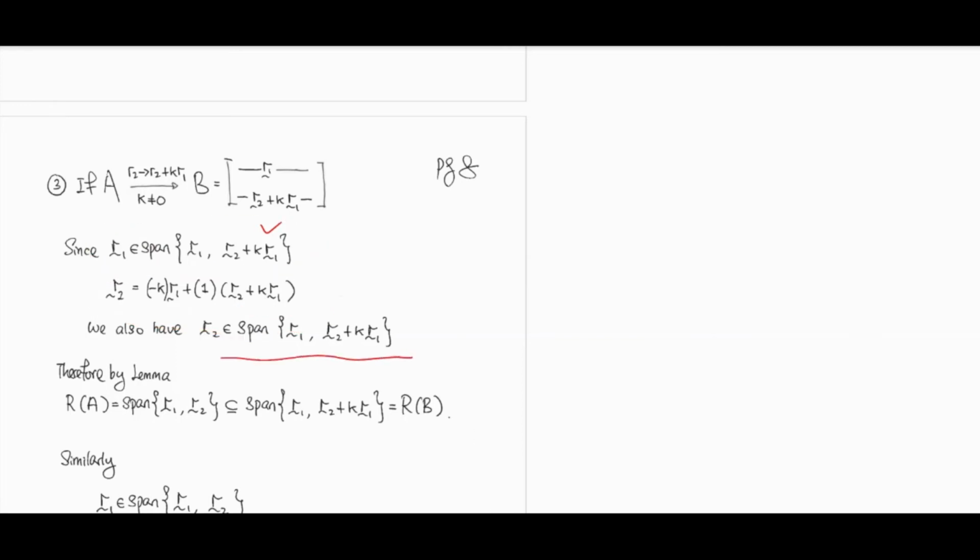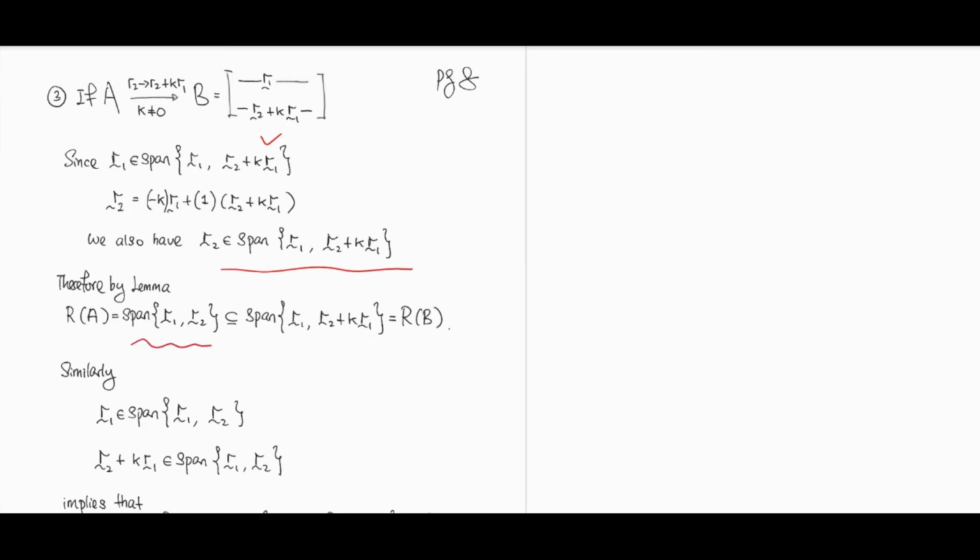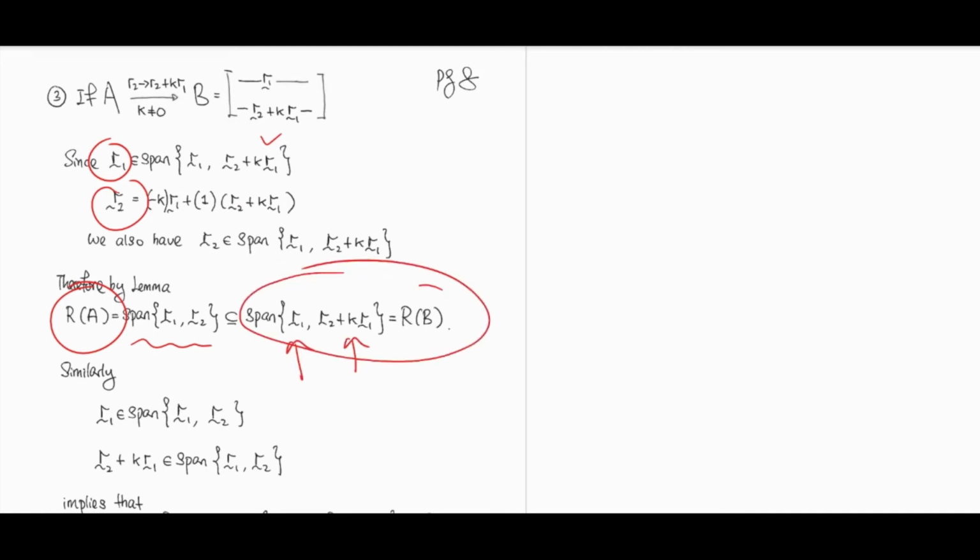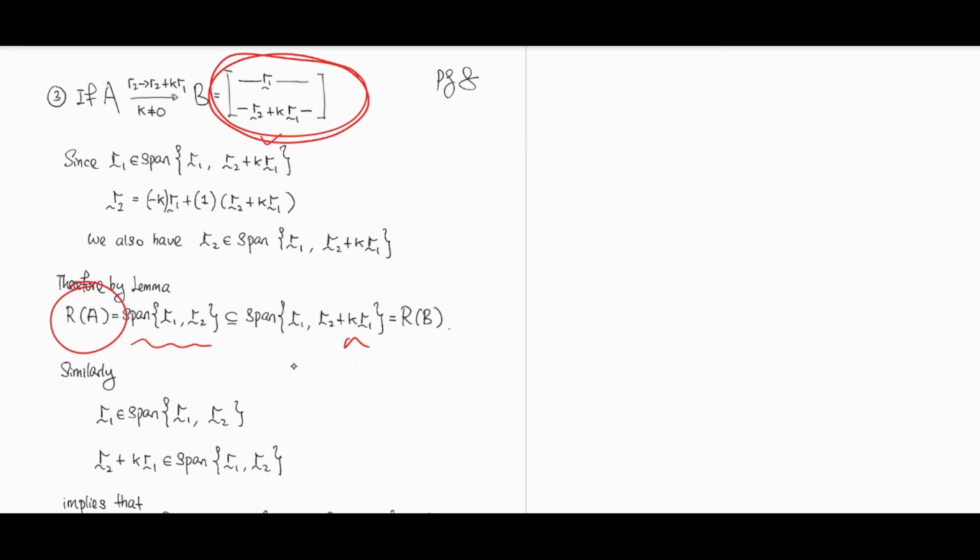The lemma tells us that the span of R1, R2, which is the row space of A, is a subset of the span of these two vectors, which is our row space of B. Take a look. Row 1 is in this set.